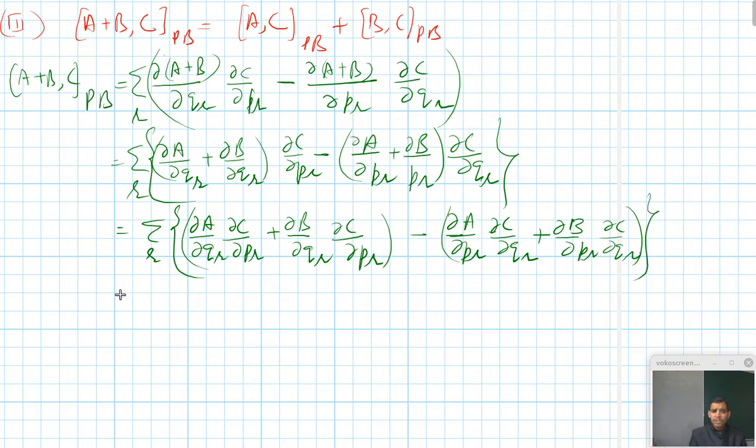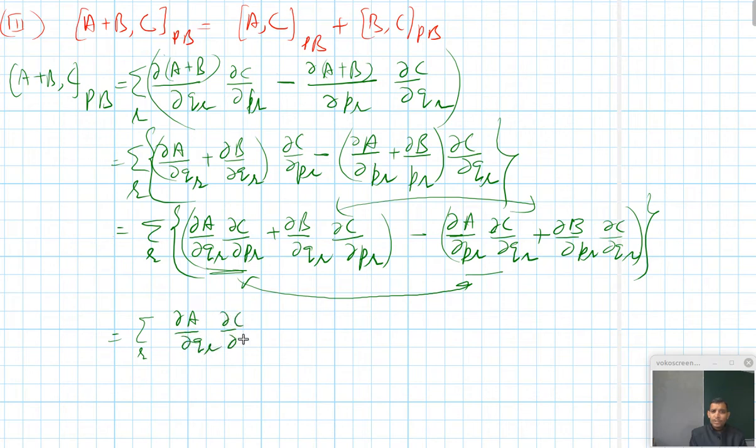So if I open this summation, then this can be written as summation over r. Let me put these two together and these two together. Now let me proceed as follows. So it is equal to summation over r, ∂A/∂q_r ∂C/∂p_r minus ∂A/∂p_r ∂C/∂q_r.